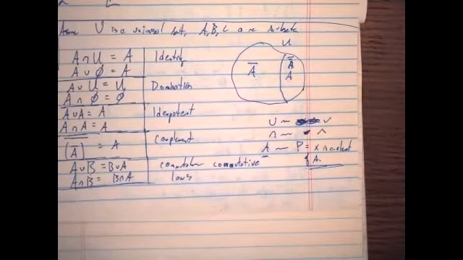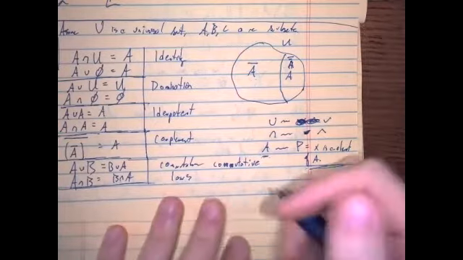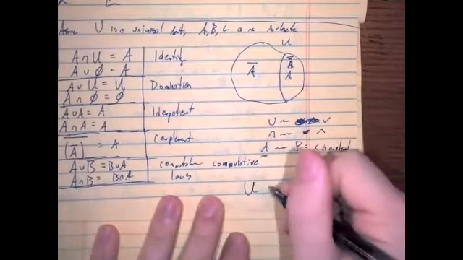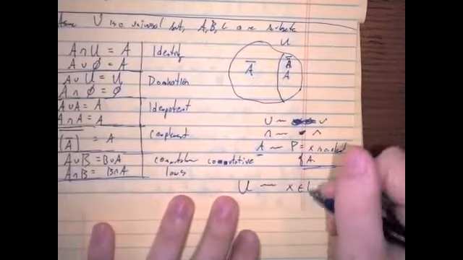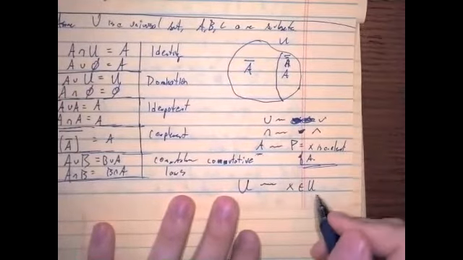So I was thinking that the tautology would be X is inside the universal set. So U would go to the proposition X is inside U, but everything is inside the universal set.